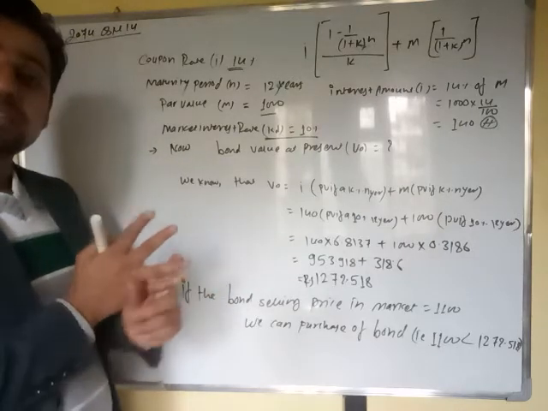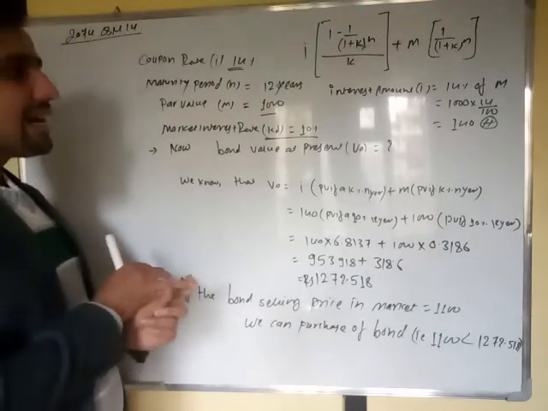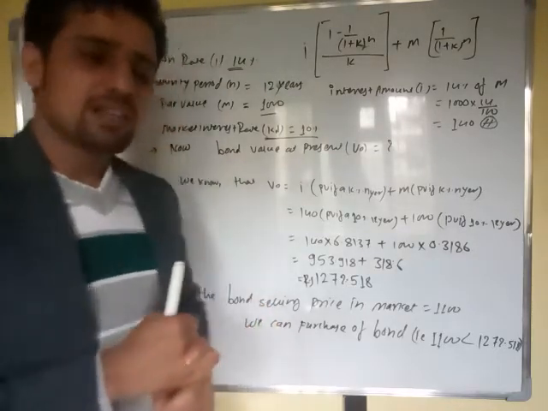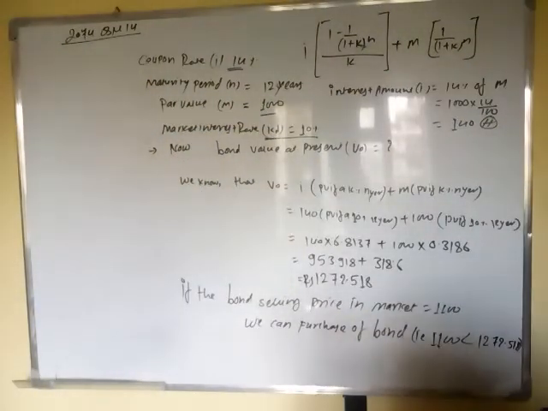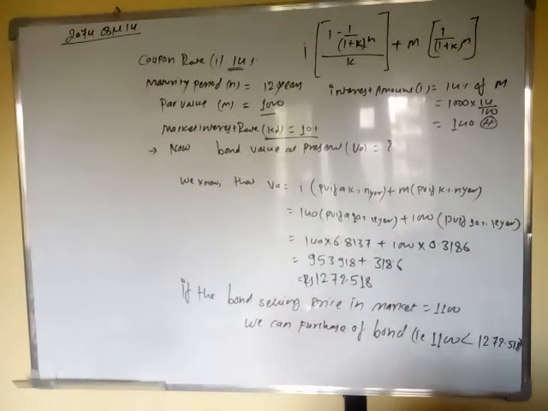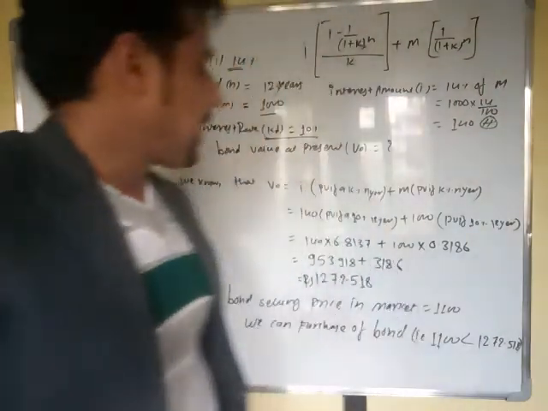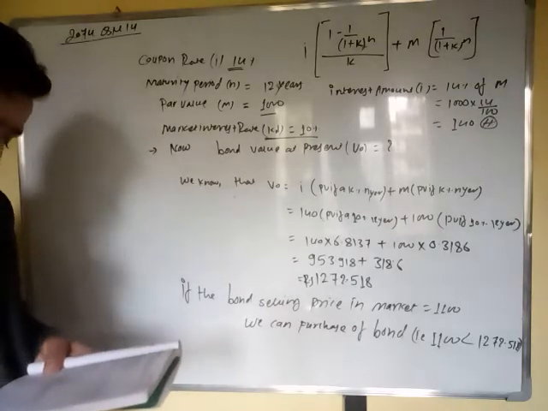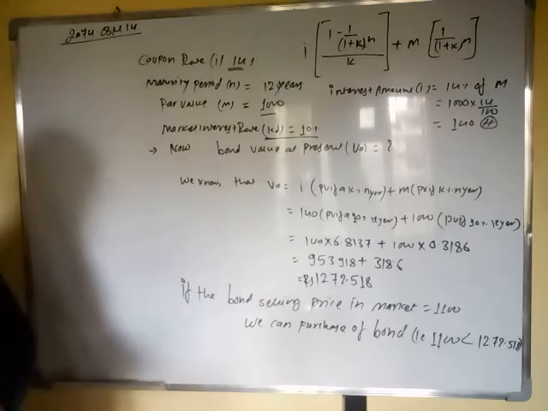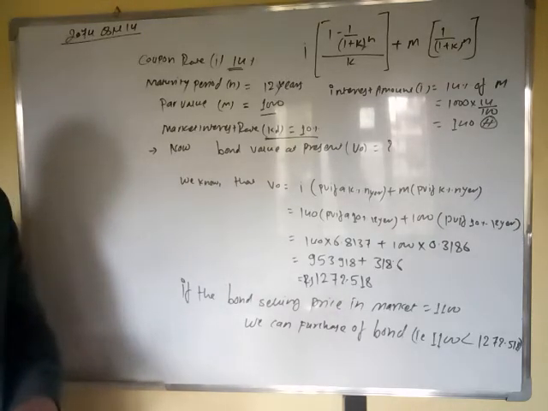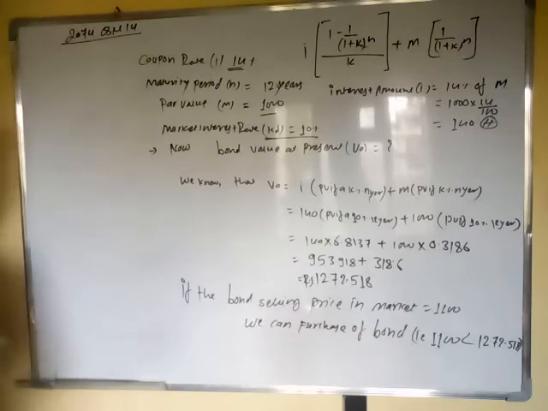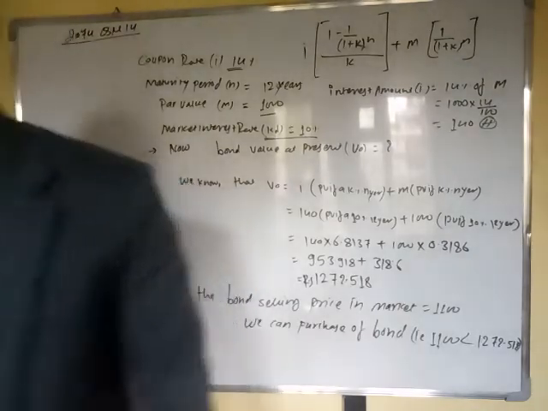The value of the bond changes inversely with the change in market interest rate. So if the market interest rate increases, the value of the bond... okay, write down onto your board.